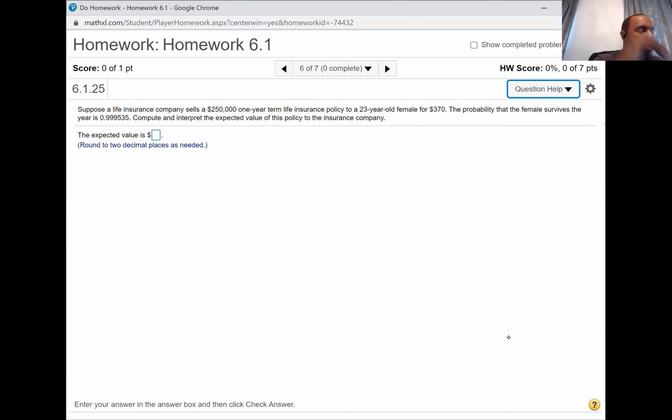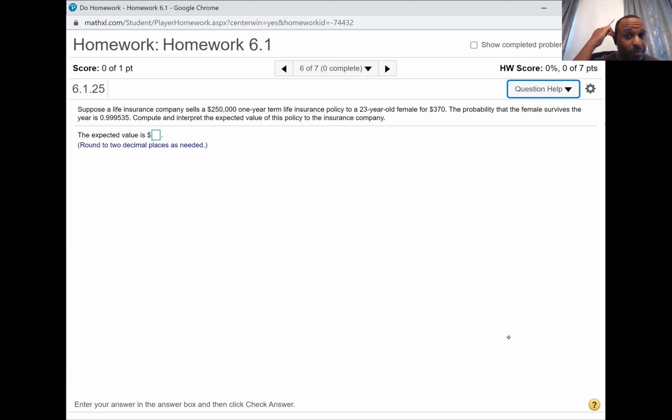So for those of you who are not in my math lab, it's 6.1, number 6. Suppose a life insurance company sells a $250,000 1-year term life insurance policy to a 23-year-old female for $370. The probability the female survives the year is 0.999535.